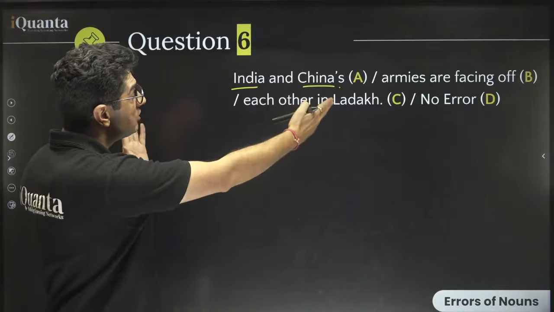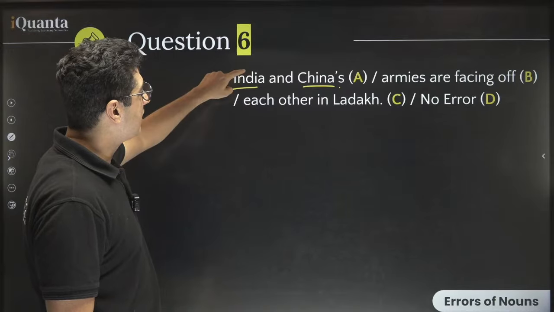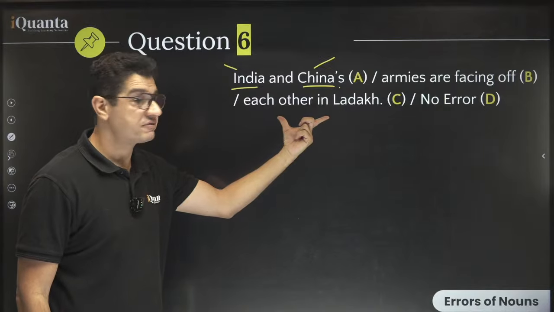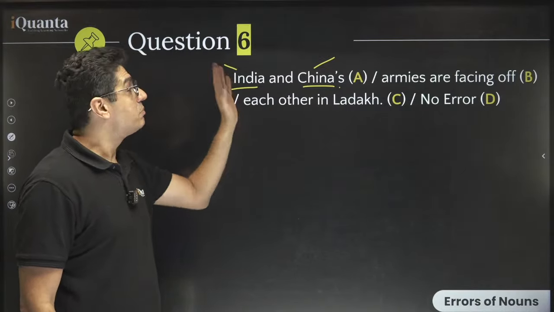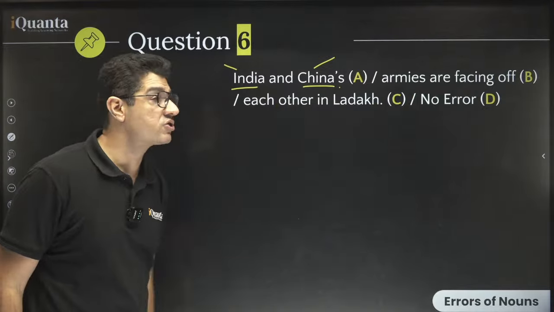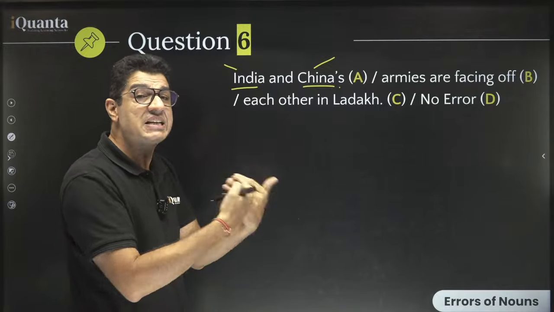But in this particular case, it's very clear that the Indian army is different, the Chinese army is different, and both of them are facing off each other. And because the armies are under different ownerships and not a joint ownership, you need to show that difference in ownership by repeating that apostrophe s.